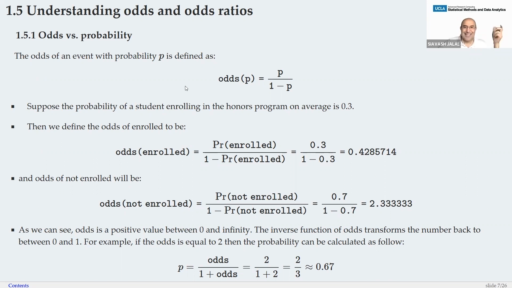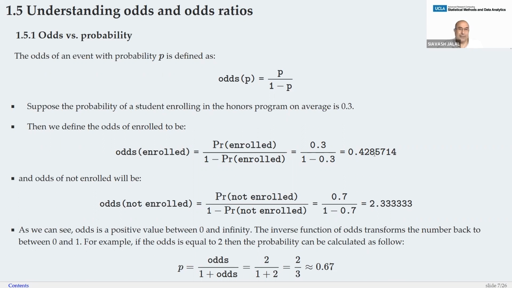So this is defined when you have a binary variable most of the time, but we will extend that to more cases. So let's say the probability of a student enrolling in honor program on average is 0.3, right? Then we can calculate the odds of enroll as 0.3 divided by 1 minus 0.3, which is 0.428, right?